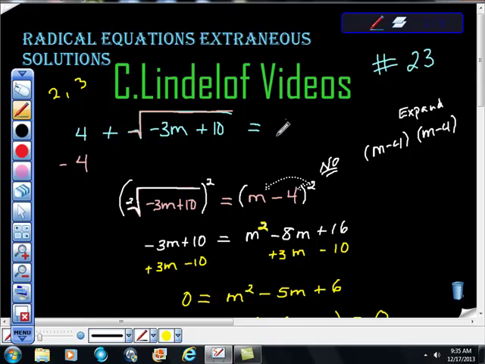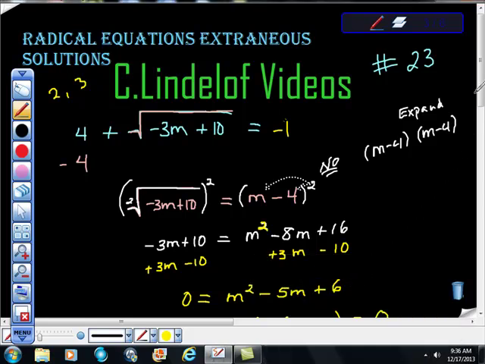This goes to -2. Not possible. Do the same thing again with 3. For m, put 3 in here. I get -4 plus 3 is -1 again. So here I think we have no solutions, right?